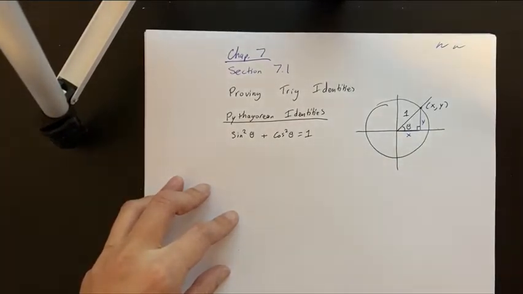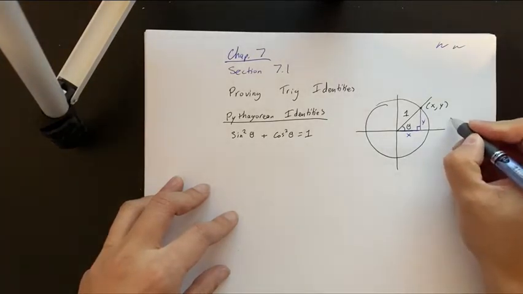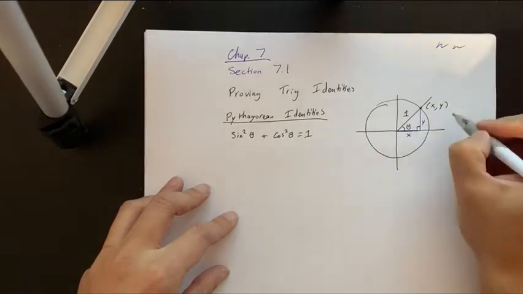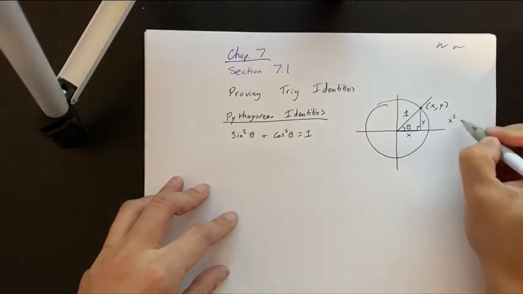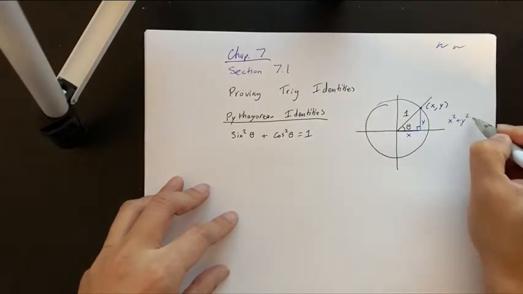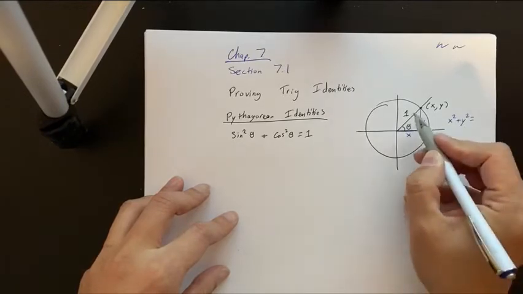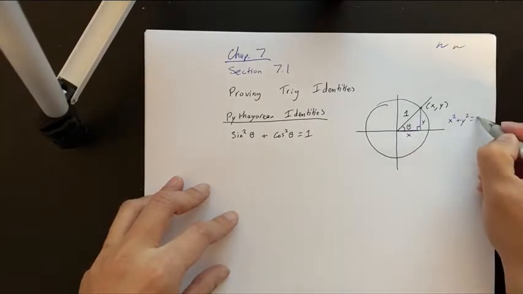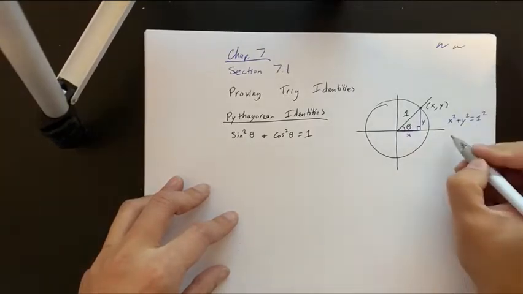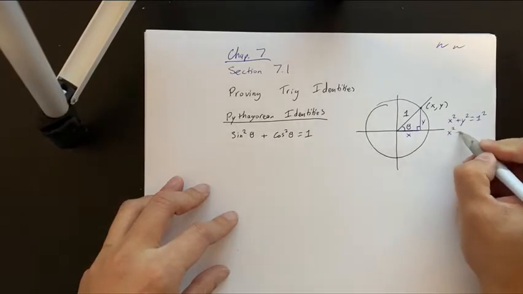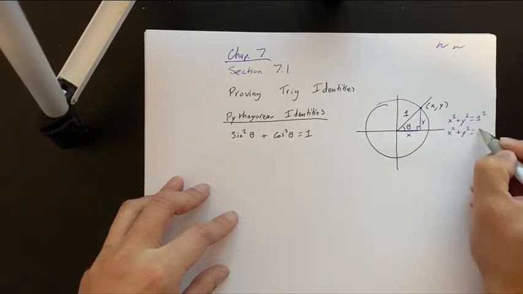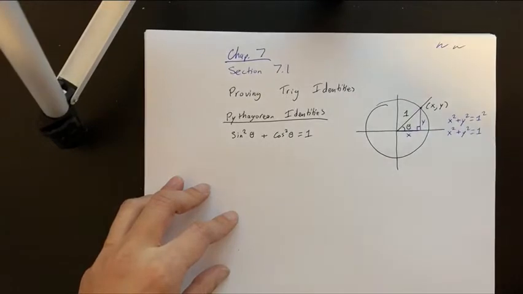And so the relationship between x, y, and 1 is that if I take x squared plus y squared, I'll get the hypotenuse squared. So that's a 1 square. But then 1 squared is just 1. So x squared plus y squared is 1.